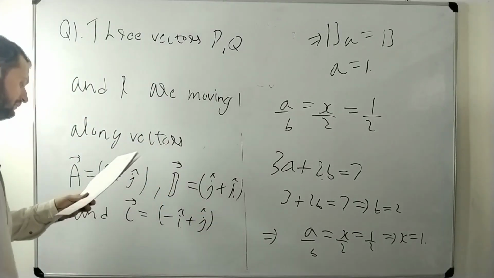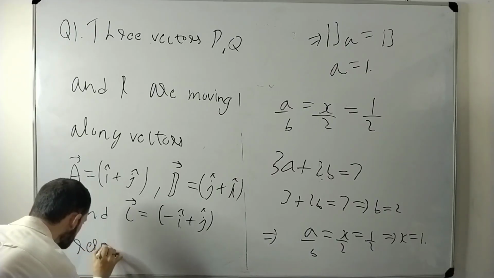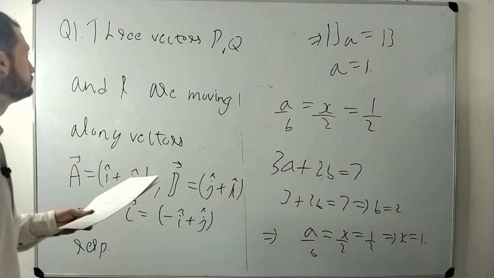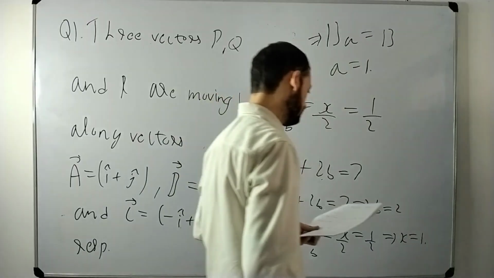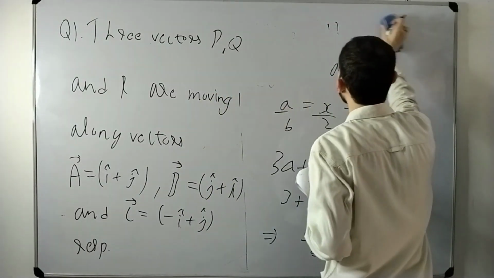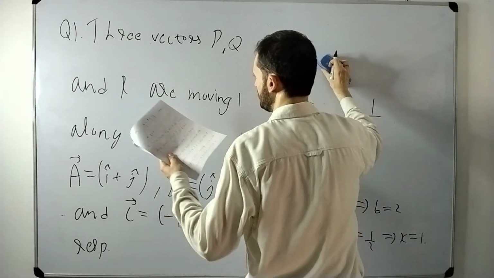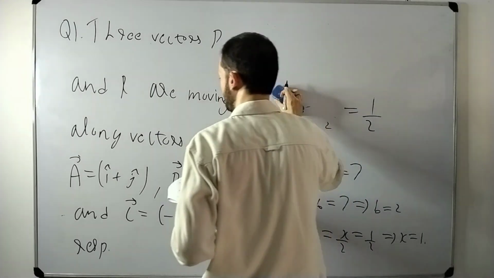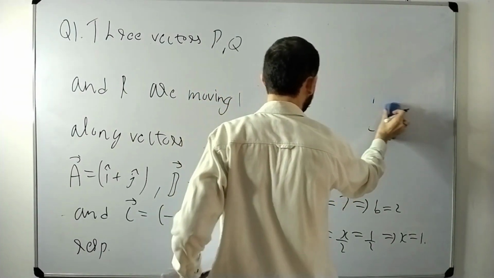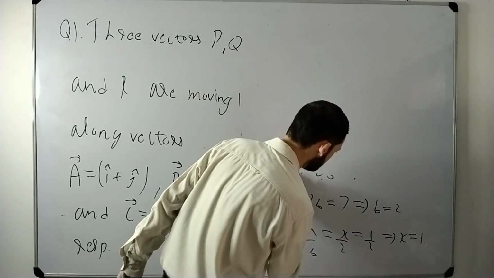Right, students? So we are given three particles P, Q, R, and they are moving along these vectors A, B, and C.